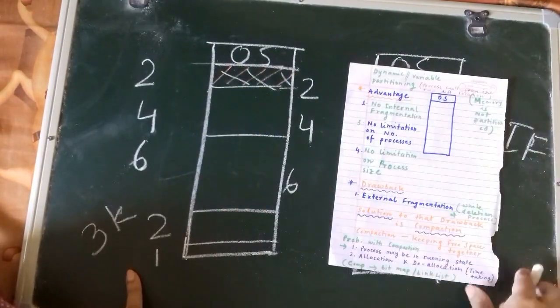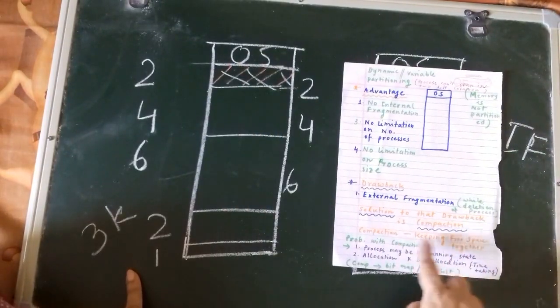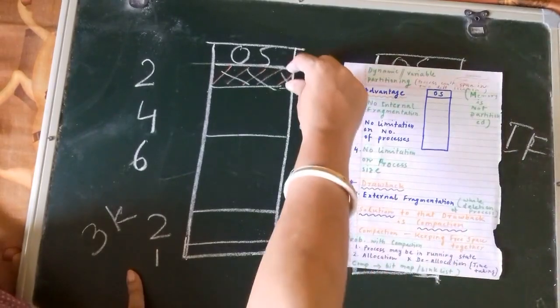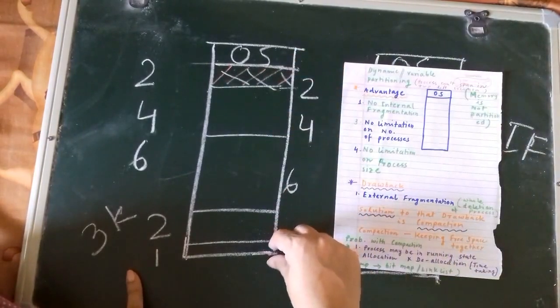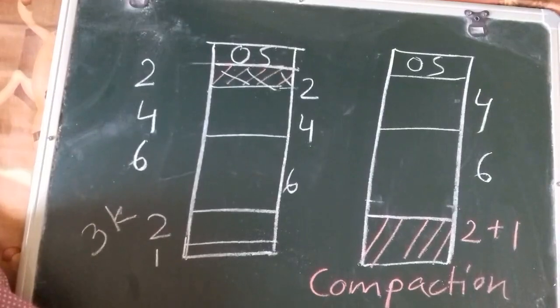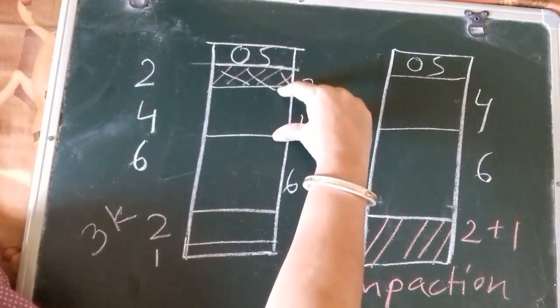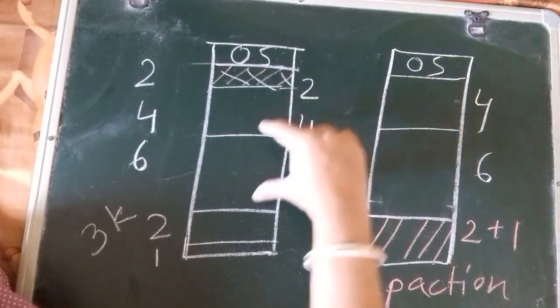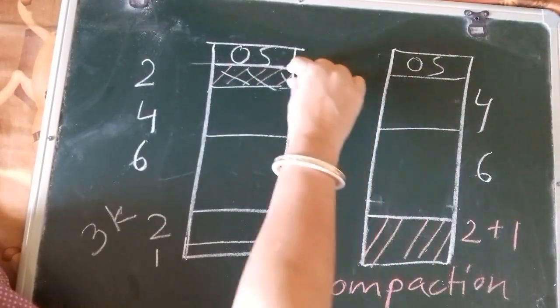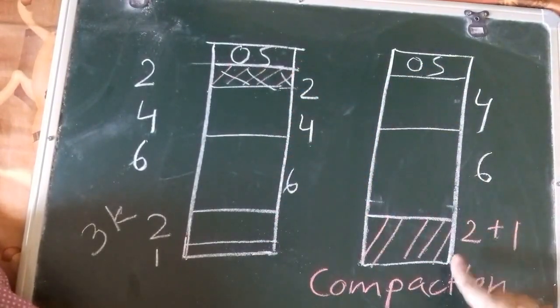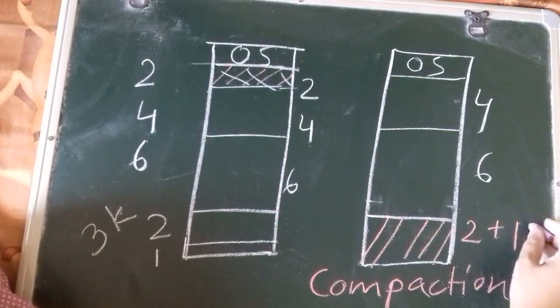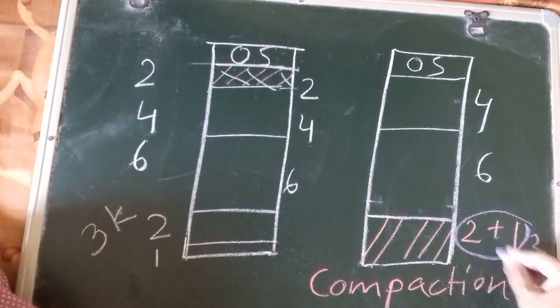To recover from that, we have to go for compaction. What is compaction? Compaction is nothing but collecting all the free space together. This is the diagram of compaction, where the 4K process is copied here, the 6K is copied here, and the 2K and 1K are joined together as 2 plus 1. So now 3K is continuous.